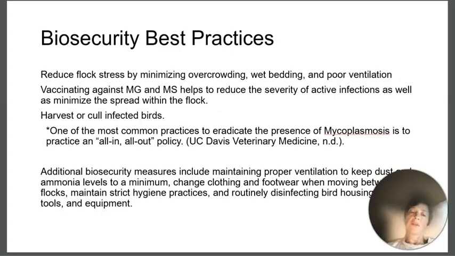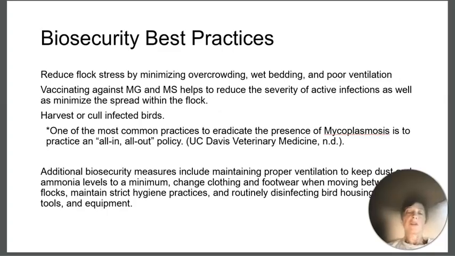Again, with the stress of overcrowding and poor ventilation, it doesn't take much for ventilation to become poor when you have more than five. I'm sure even less than five birds, but five or more, and you can imagine the ammonia, the dust, just all the contaminants when you have a big flock of birds, especially commercially.